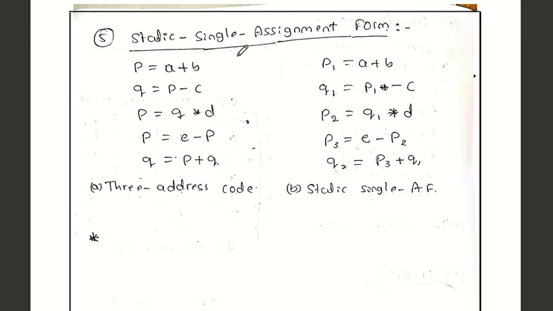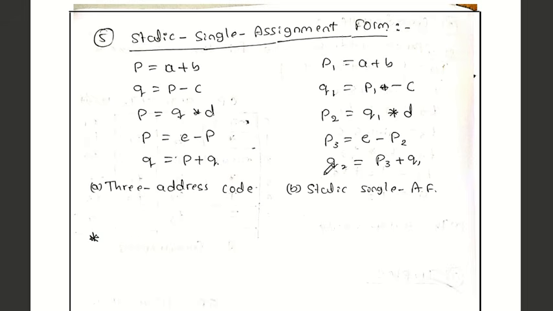Then comes the fifth one, static single assignment form. Okay, so it is the last one here. Example: P equals A plus B. In static single assignment, it is assigned as P1. Again, we are simply applying a small operation on this existing three address code. So this is a three address code.